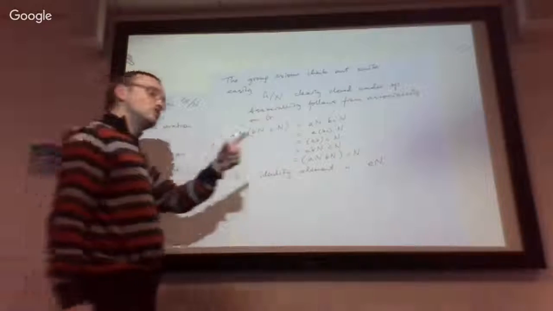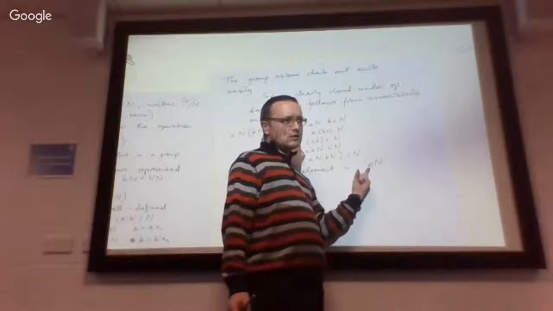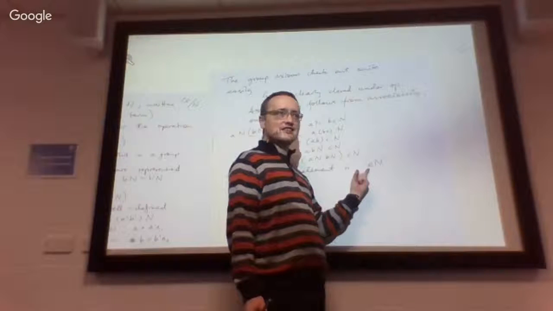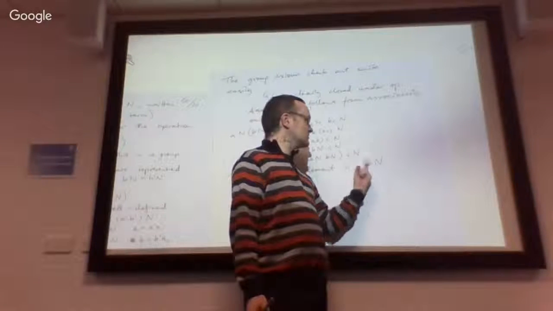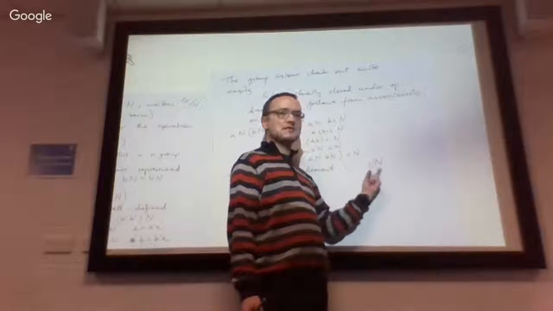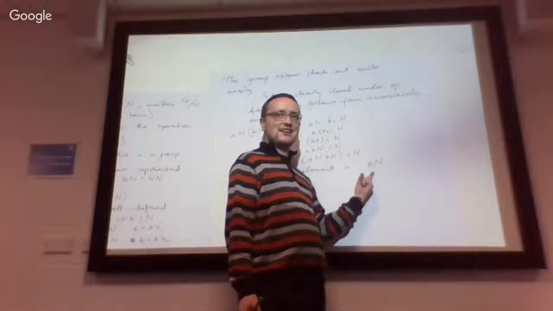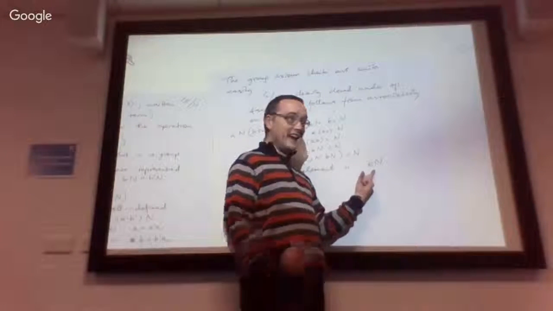Now, what other answer could you give? Maybe not necessarily the identity. Which other elements would generate the same coset? Anything from N. Yeah.